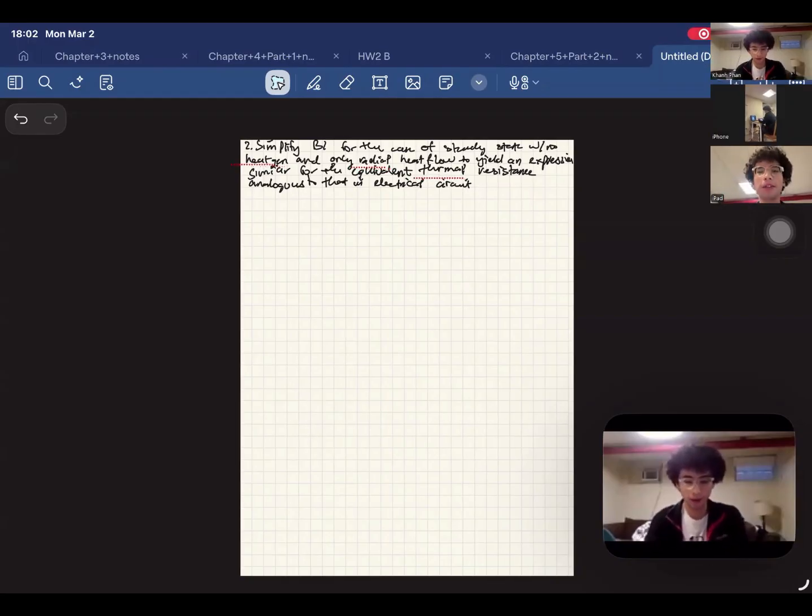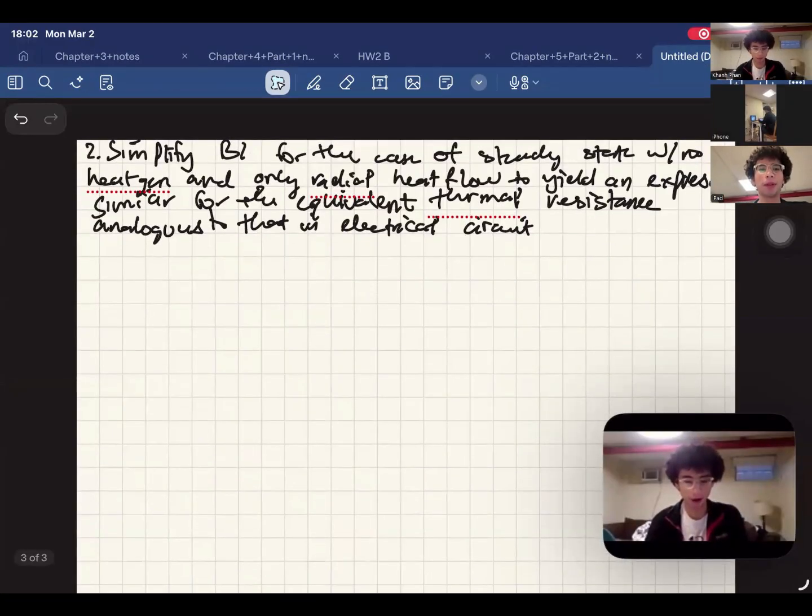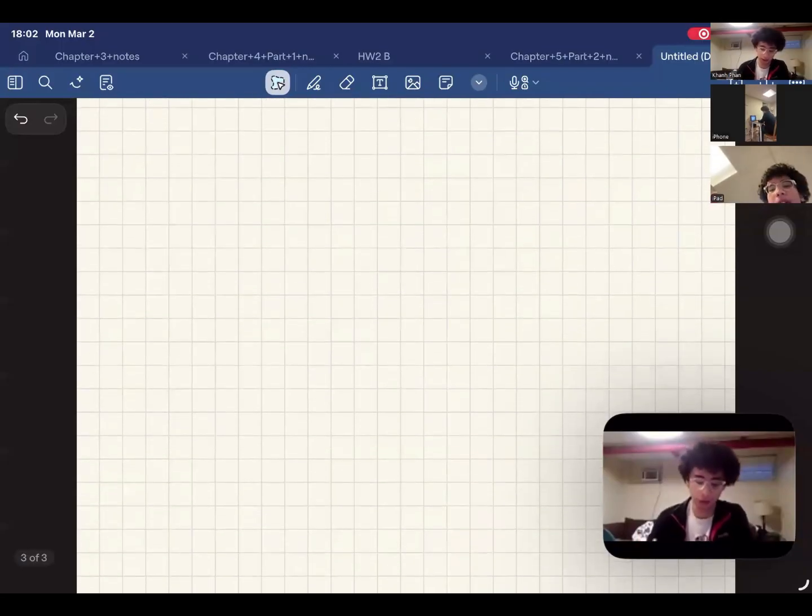Hi, so we're going to move on to our second problem. In this problem, we simplify B1 for the case of steady state with no heat generation and only radial heat flow, to yield an expression for an equivalent thermal resistance analogous to that in an electrical circuit.